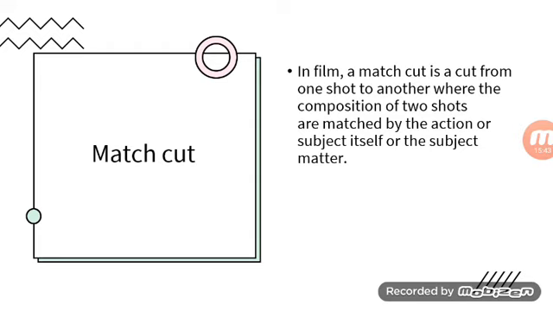A match cut is a cut from one shot to another where the composition of the two shots is matched by the action or by the subject itself or the subject matter. This again, I've had to search up. Editing is not really my strong suit. I was never a huge fan of doing edits most days because they're very long and tedious.